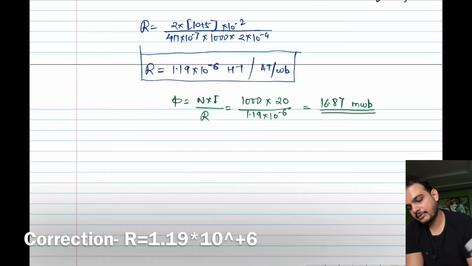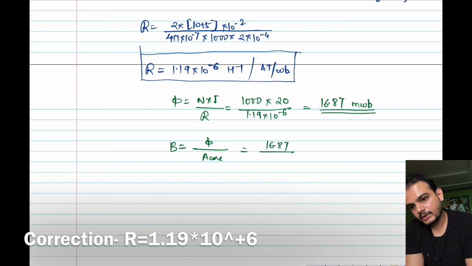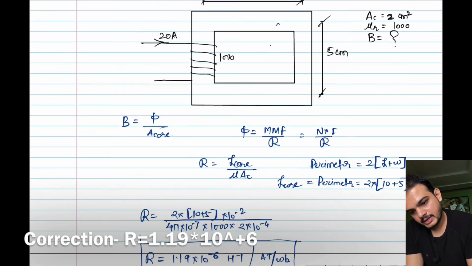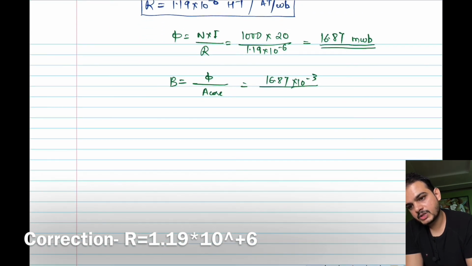Now we have the value of flux and the area of core, so we can calculate flux density. Flux density is equal to flux upon area of core, 16.87 milliweber, which means 10 to the power minus 3, and area of core is given as 2 centimeter square, so 2 into 10 to the power minus 4.